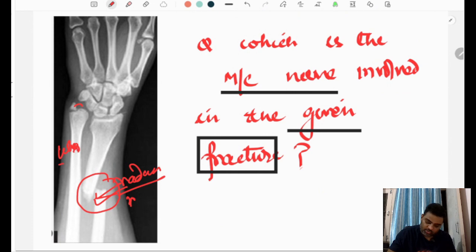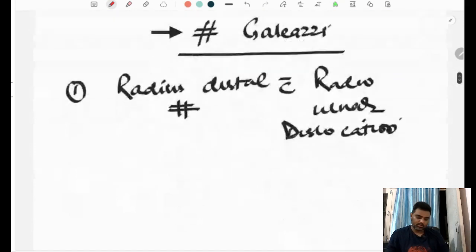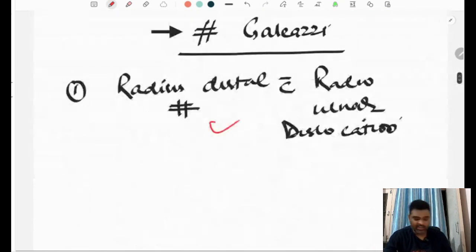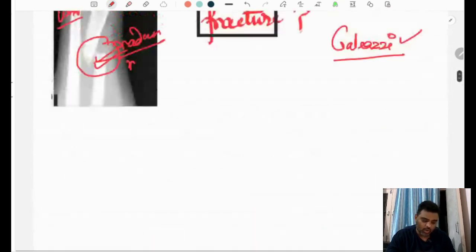So I have just told you, this is which fracture? Galeazzi fracture. So this is a Galeazzi fracture, where there is a distal radius fracture with radio-ulnar dislocation. So you have to identify it.